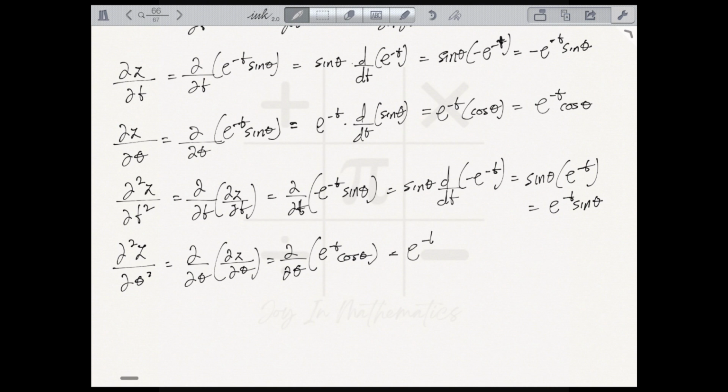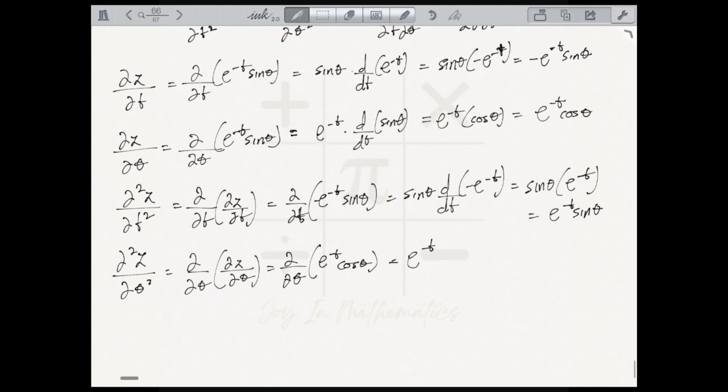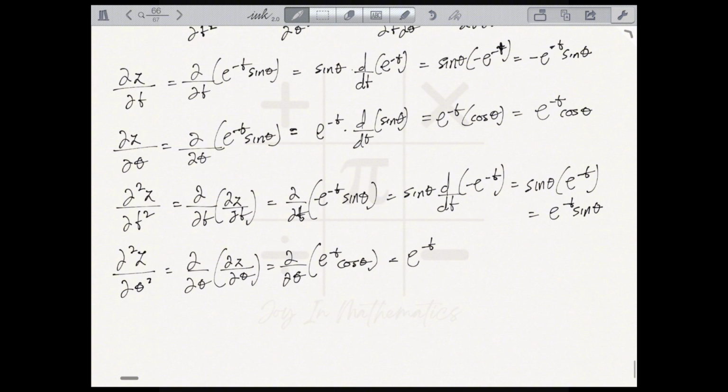Therefore, our e^(-t) is kept constant, and then we are differentiating fully with respect to θ of cos θ, and this is e^(-t), and differentiating cos θ, we have minus sin θ.